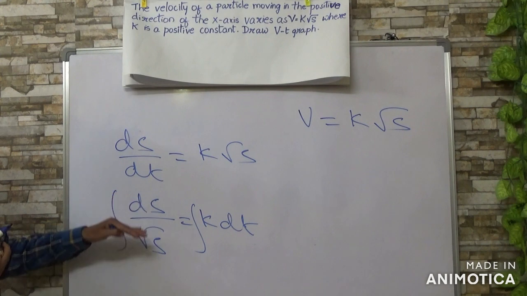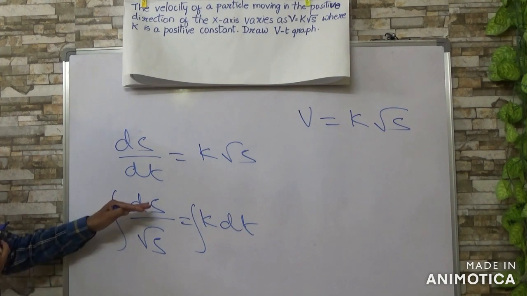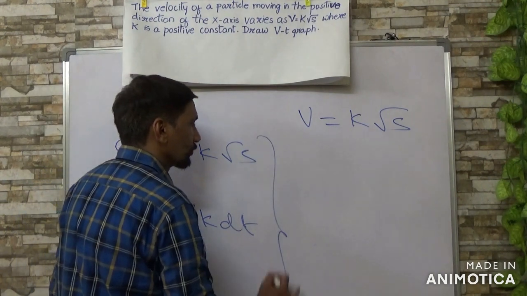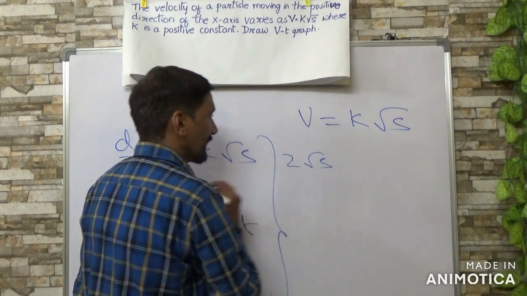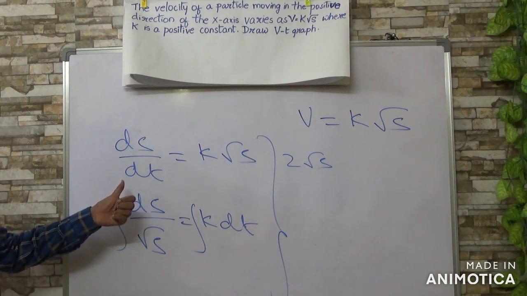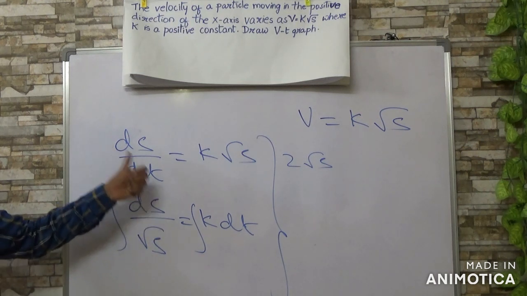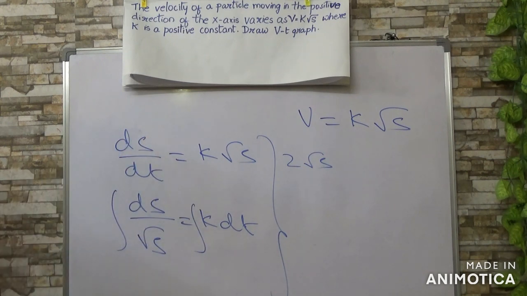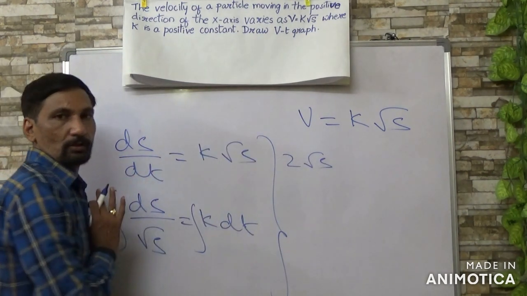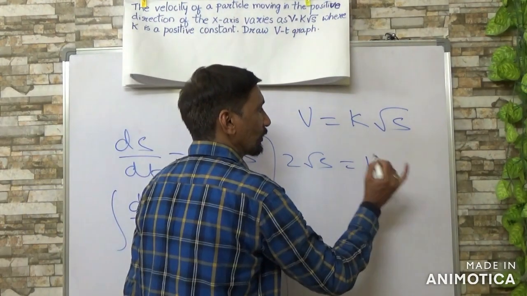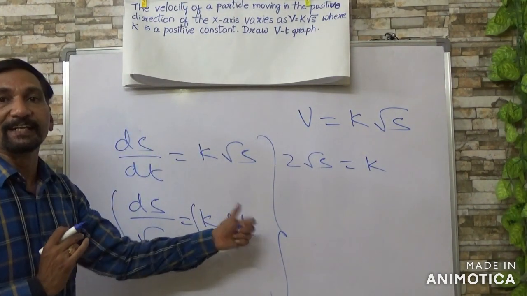So ds by root s. Integration of ds by root s is nothing but 2 root s. How? You take s power minus half, so minus half plus 1 by minus half plus 1. Nothing but 2 root s equal to k into integral dt.